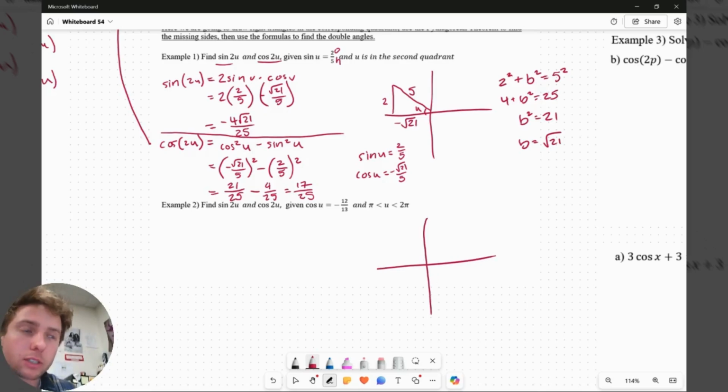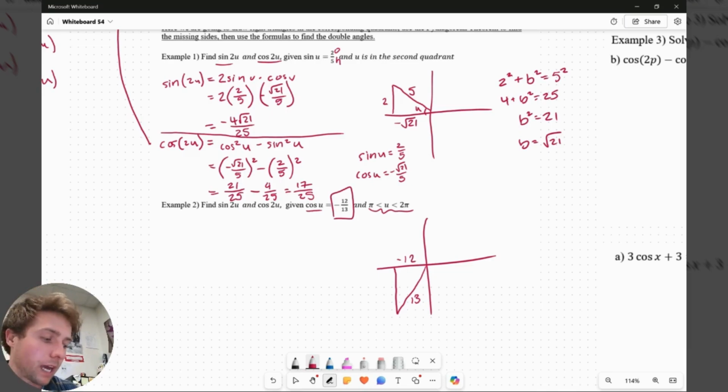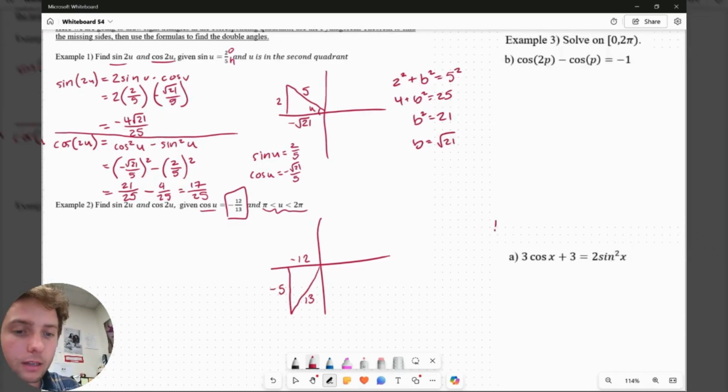Again, diagrams are definitely very, very helpful. We know we're between pi and 2 pi. That's either quadrant 3 or 4. But they tell us the cosine value is negative. Cosine's negative in the third quadrant, but not the fourth. If you did Pythagorean theorem to solve for the other side, you'd end up getting a value of -5.